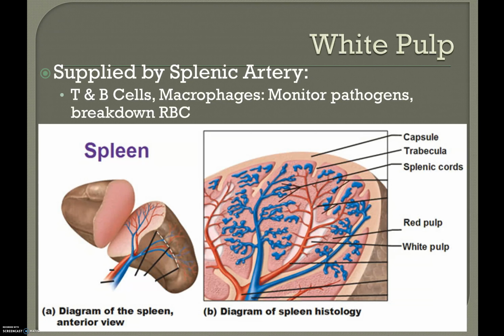And do you remember we mentioned that older RBCs are phagocytosed in liver and spleen? So yes, the breakdown of older RBCs takes place within the white pulp of the spleen. Therefore, spleen is responsible for breaking down older RBCs. It also houses T cells, B cells, and other macrophages. All these things are found in the white pulp.